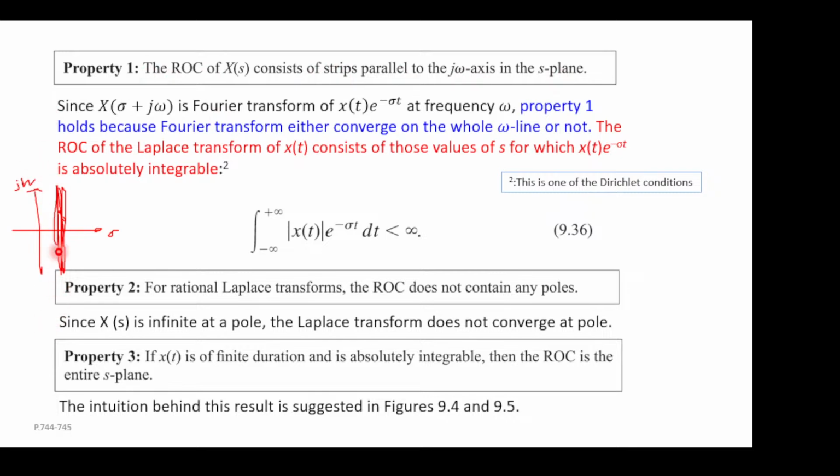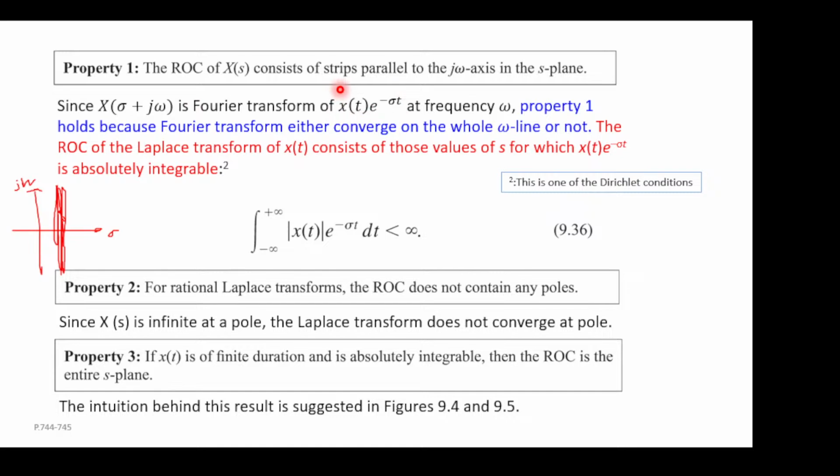So it consists of sets of straight lines. This property really comes from something we didn't quite prove, and it's a bit tricky. But we think that for a given sigma, the real part of s, X of sigma plus j omega is the Fourier transform of x of t times e to the minus sigma t.